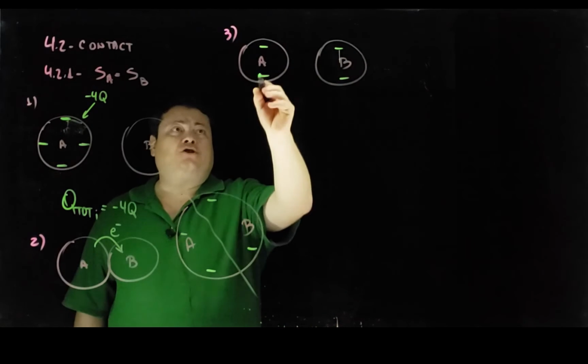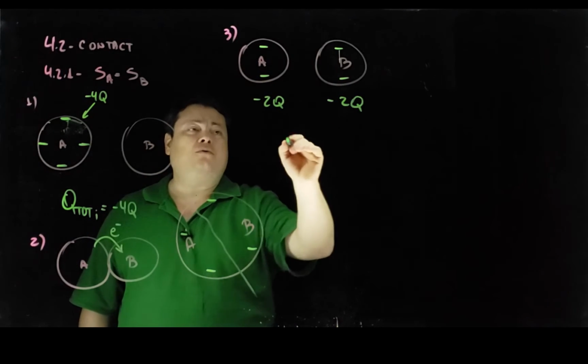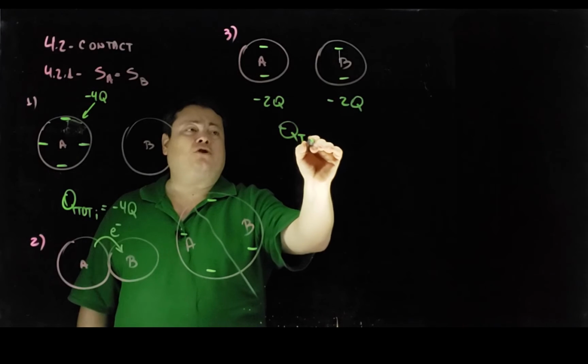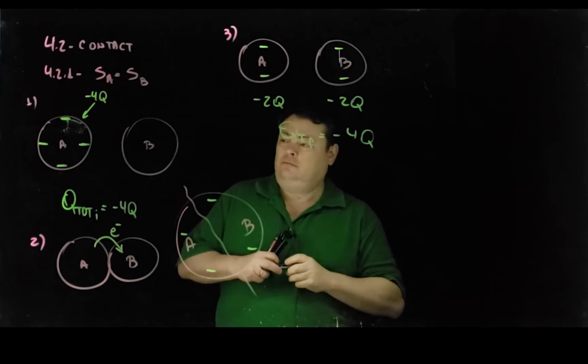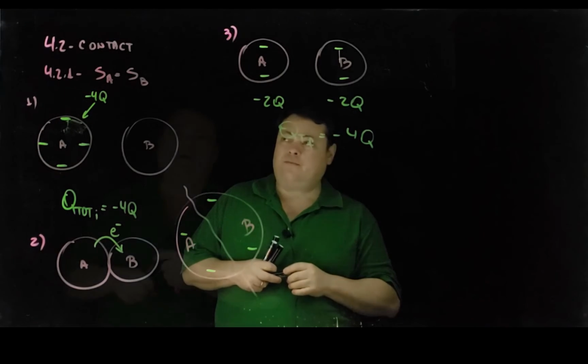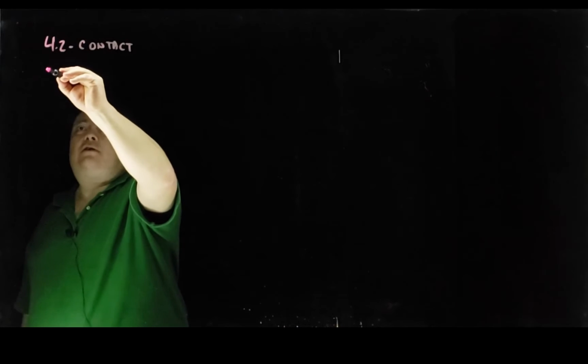So my charge on A is negative 2Q, my charge on B is negative 2Q, my total charge final is still negative 4Q. You guys okay?